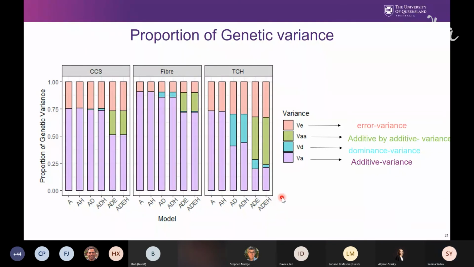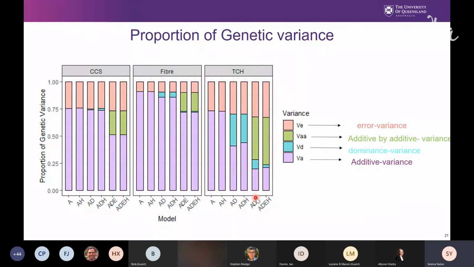If you look at the TCH, if we just use the GBLUP model, the additive variance is quite high. When we use the dominance in our model, the additive variance drops down significantly, and this green portion here shows the dominance variance.